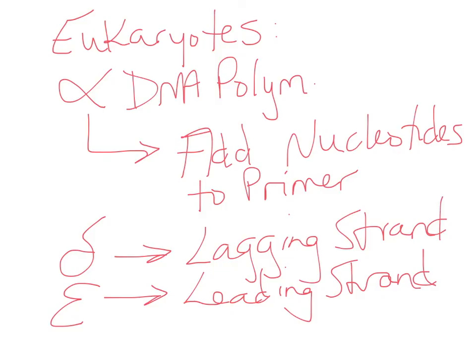Now, one way that you can remember this is, remember the leading strand occurs faster. Okay. So in the alphabet, think of delta as D, epsilon as E. Which one is farther along in the alphabet? Well, that would be E. So that's the one, epsilon will match with the leading strand because they're farther along. Delta and the lagging strand are slower.